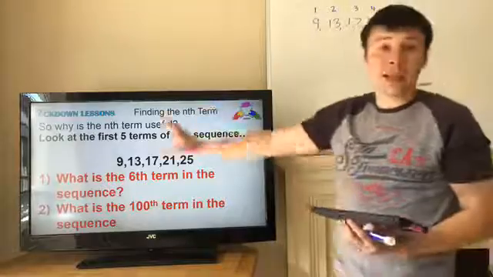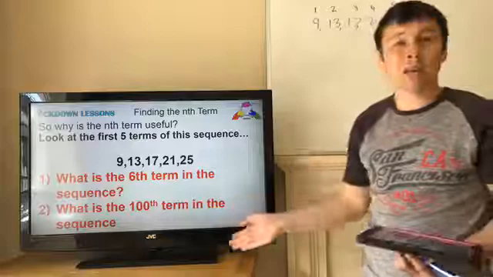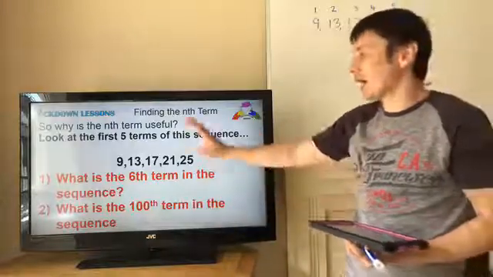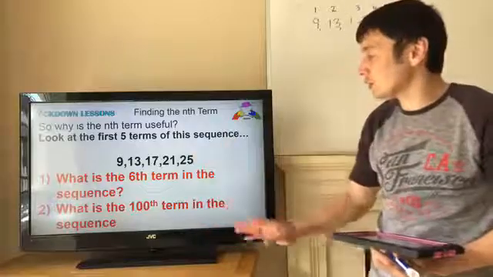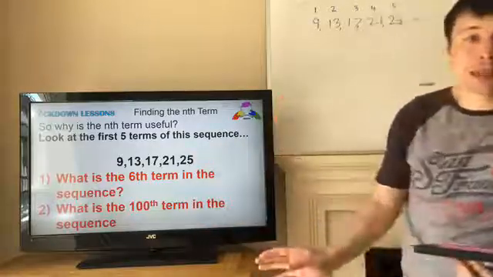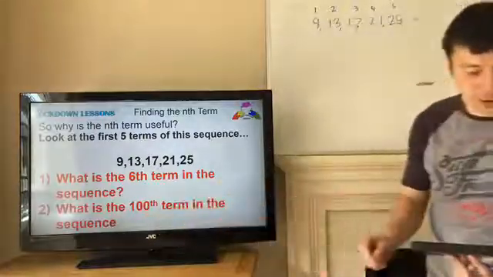And if you did get this in an exam, if you find the nth term anyway, you always get a mark for it. You will always get a mark for that in any tough sequence question. If you find the nth term, the thing we've just done, then you will get yourself a mark, and then you can use it to help you get the 100th term.